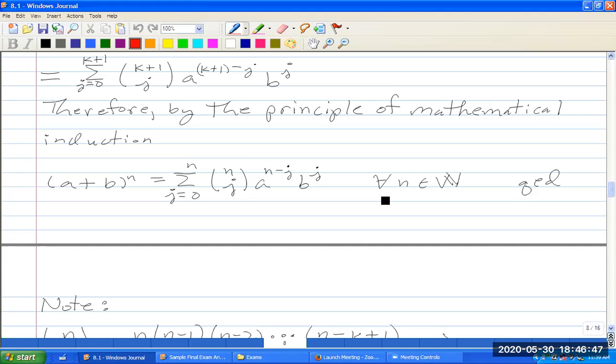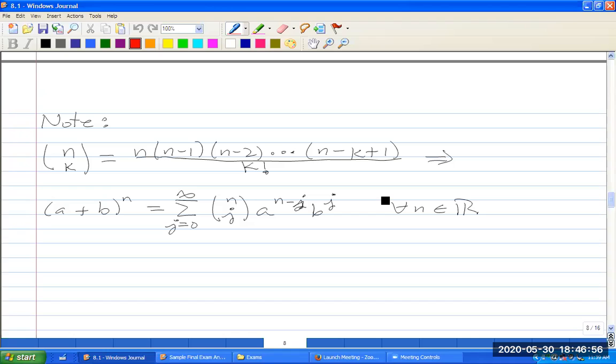Okay, and so notice that if I define the binomial coefficient n choose k as n times n minus 1 dot dot dot for those k terms over k factorial, then a plus b to the n is equal to the sum j equaling 0 to infinity of nCj, a to the n minus j, b to the j, and this will be true for every actually complex number n.